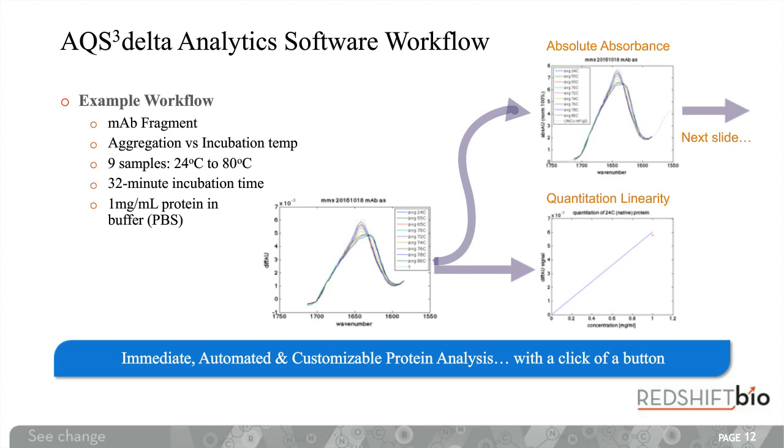And we make these two transformations for every sample you run based on a reference that's either one that we have internally in the system or one that the user generates quite easily for themselves.